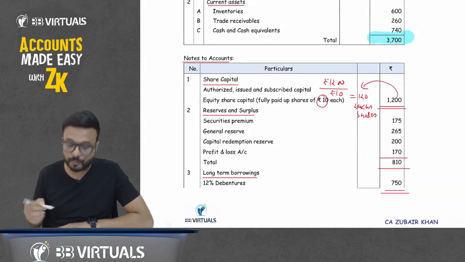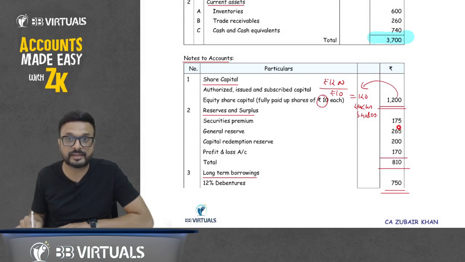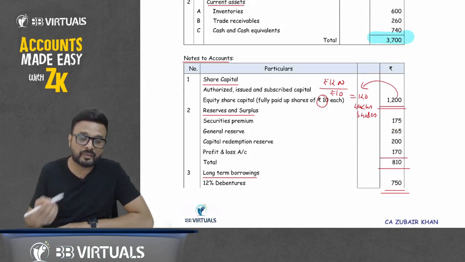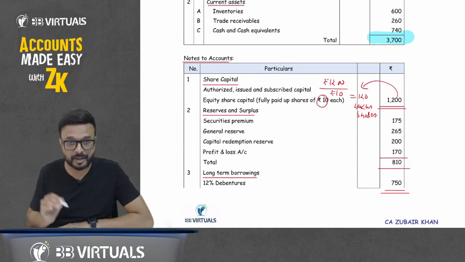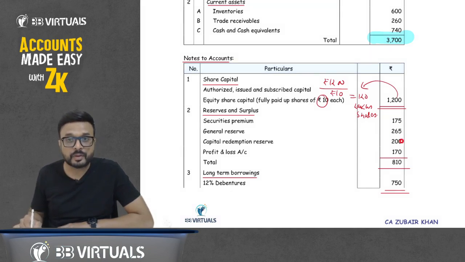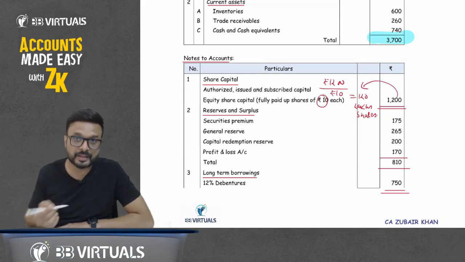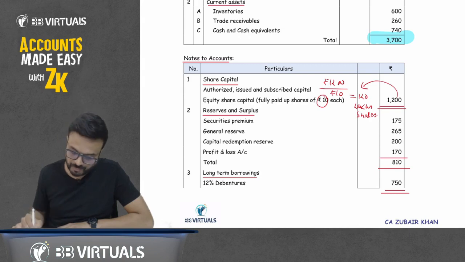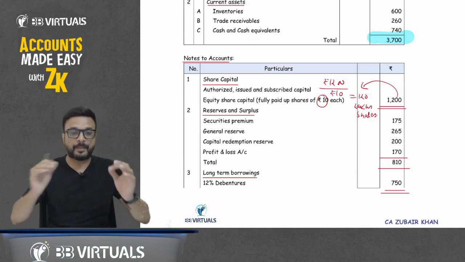So we will utilize 265 from general reserve, and in total we need to transfer 300 to CRR, the face value of buyback of shares. Out of 300, 265 will be utilized from general reserve and the remaining 35 from profit and loss account. Again, when you do buyback out of profit, we transfer to CRR account the face value of buyback of shares.